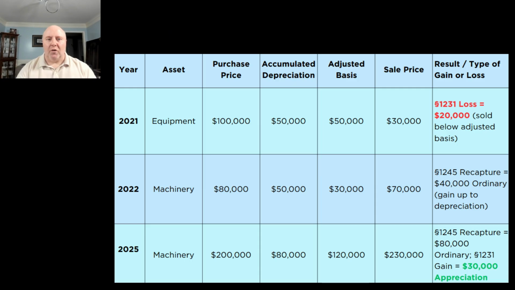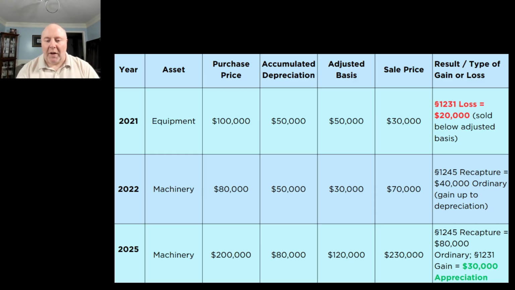If it's because of depreciation, we already got the credit of an ordinary deduction. So what we're going to do now is treat it as ordinary gain. We're recapturing it because we got that benefit already.